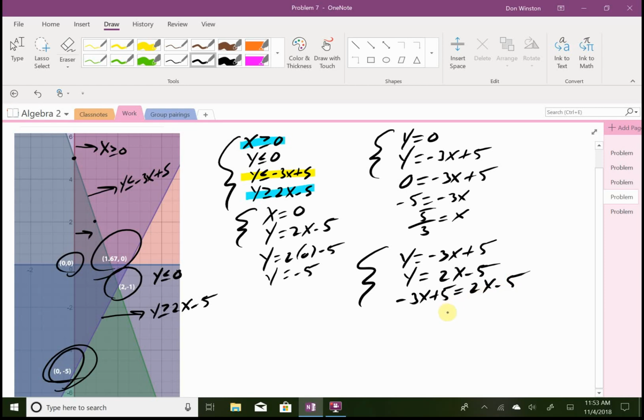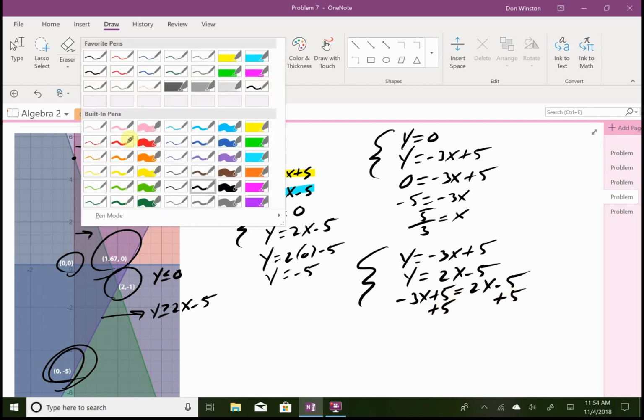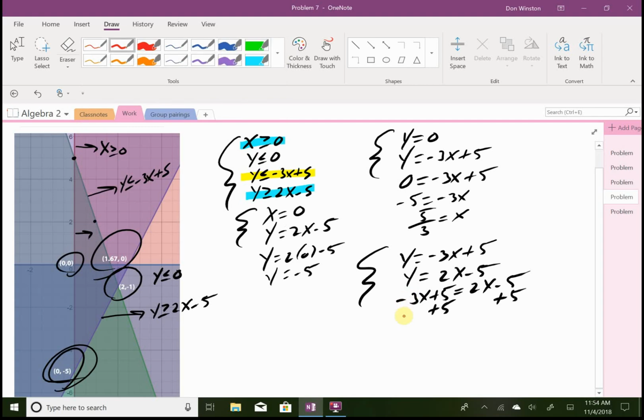I'll add 5 to both sides, and then add 3x to both sides. So that gives me 10 equals 5x, 2 equals x.